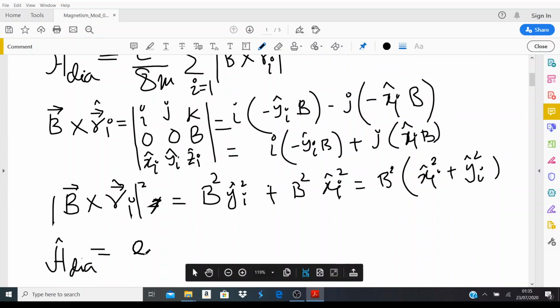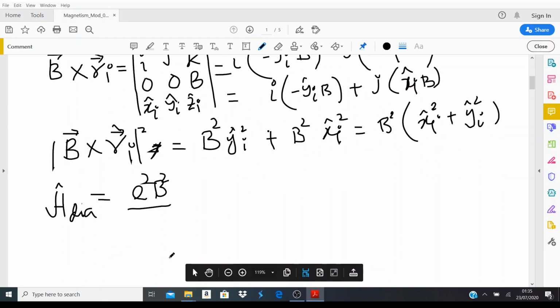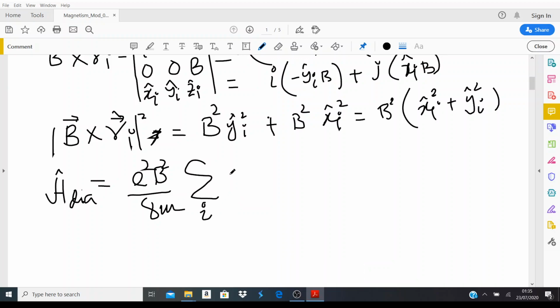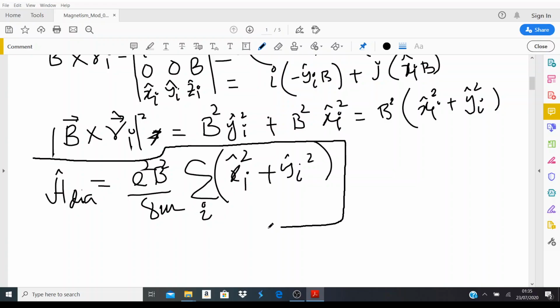We can write e squared B squared divided by 8m, and then we sum over all the electrons the quantity xi squared plus yi squared, right? Both of them are position operators of the ith electron. So that's our expression for the diamagnetic Hamiltonian written in explicit form.